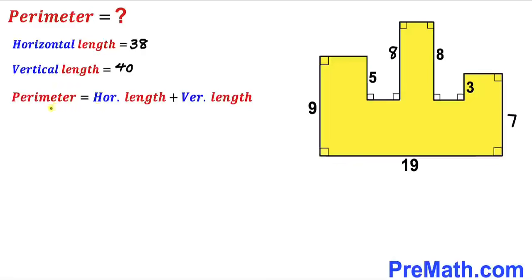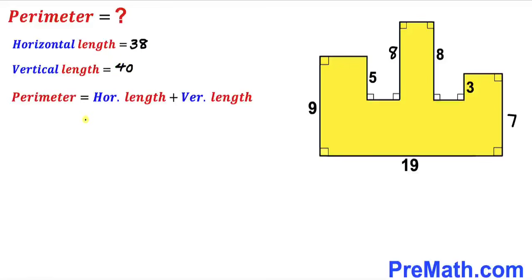And here's our final step. Now we are going to calculate the perimeter of this given yellow polygon. The perimeter is going to be equal to the sum of the horizontal length plus the vertical length. Here our total horizontal length turns out to be 38 units, and the total vertical length is 40.